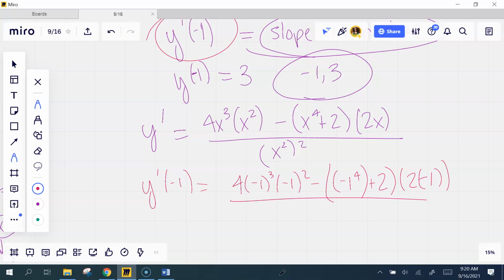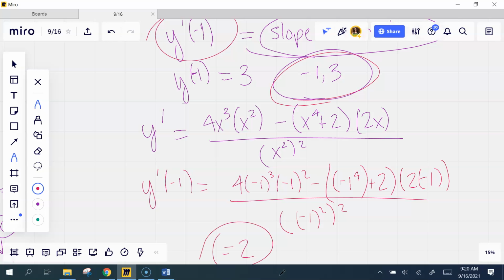But if you want to do it, I don't know. Yes. So now I just write the equation of a line given a point.